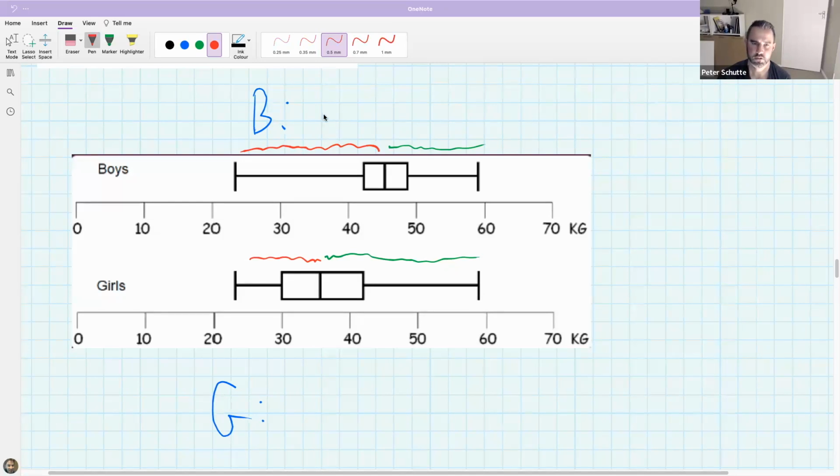Okay, so Zama, I agree with you that for boys, it's negatively skewed or skewed to the left. What about for girls?